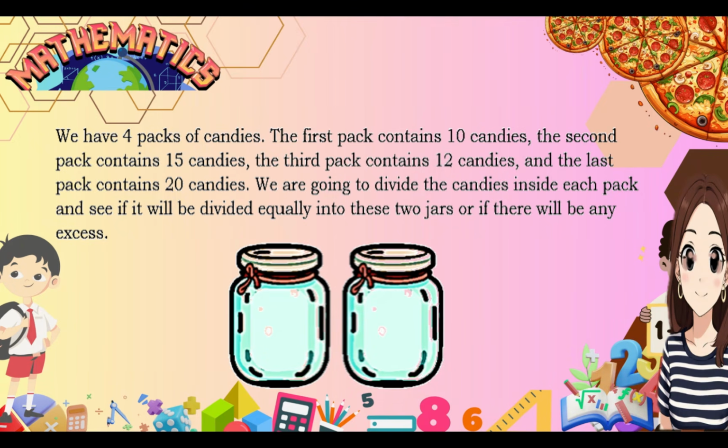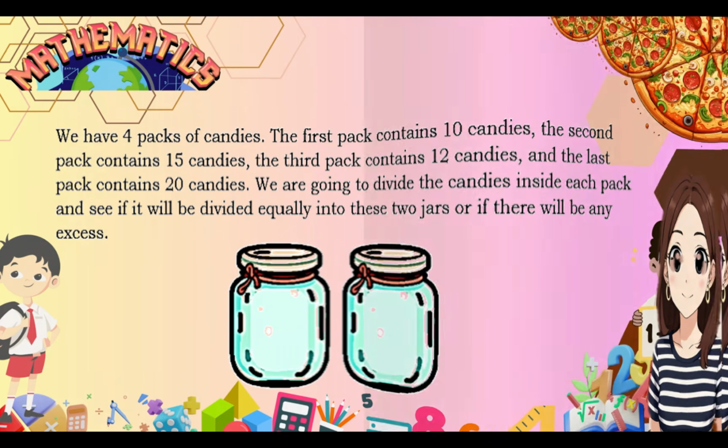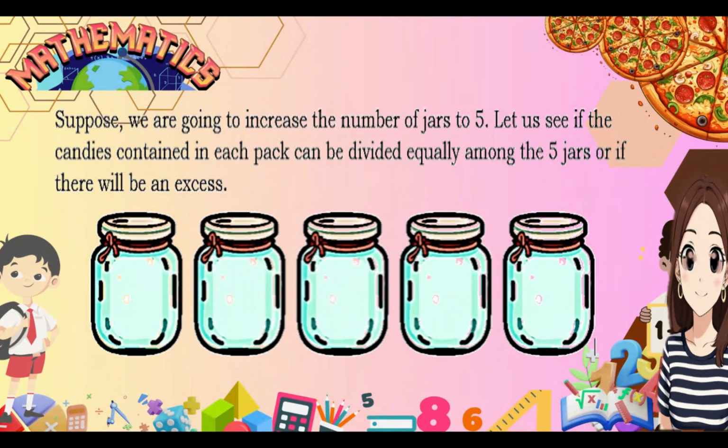We are going to divide the candies inside each pack and see if it will be divided equally into these 2 jars or if there will be any excess. Suppose we are going to increase the number of jars to 5.